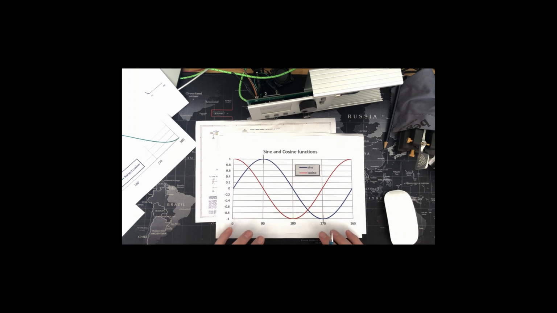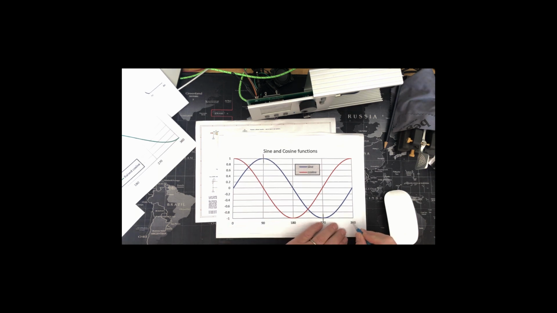And how I've chosen to implement that is, first of all, generate a sine table and store that sine table in an array. And I've chosen the array to be 120 bins wide.